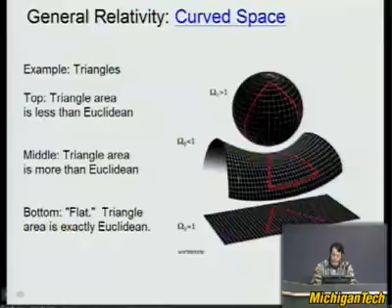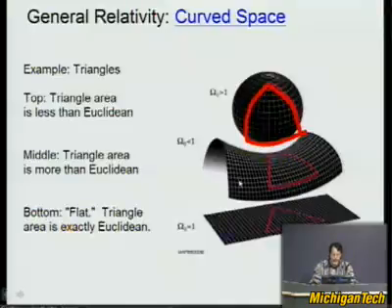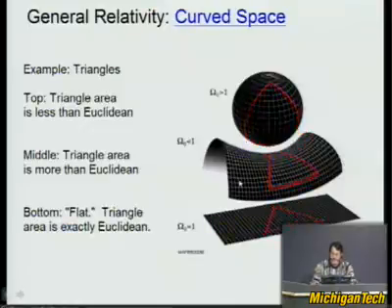This triangle on this sphere actually has an area less than Euclidean. This is the Euclidean area measured here. On this saddle, it's actually greater than Euclidean, and that's a demonstration that areas and volumes in general relativity don't have to be the same as in regular Euclidean geometry. And with that, I will let off, and we'll see you next time with more strange stuff.